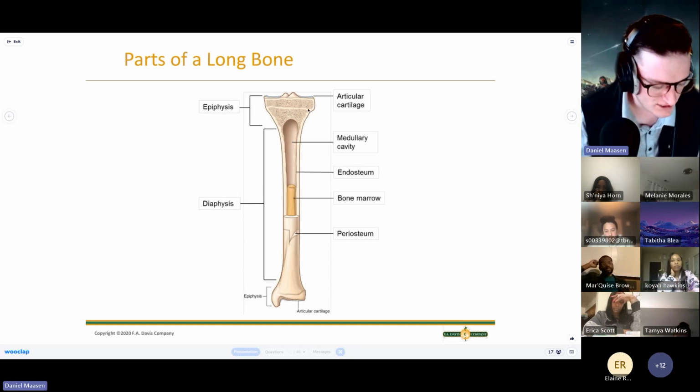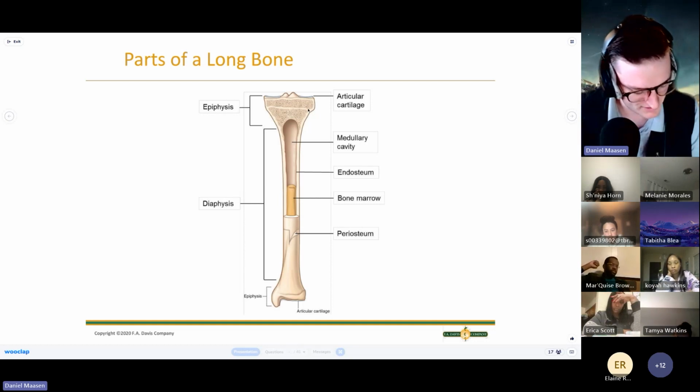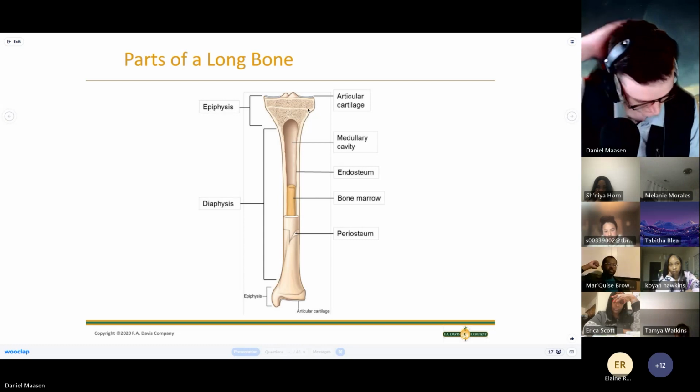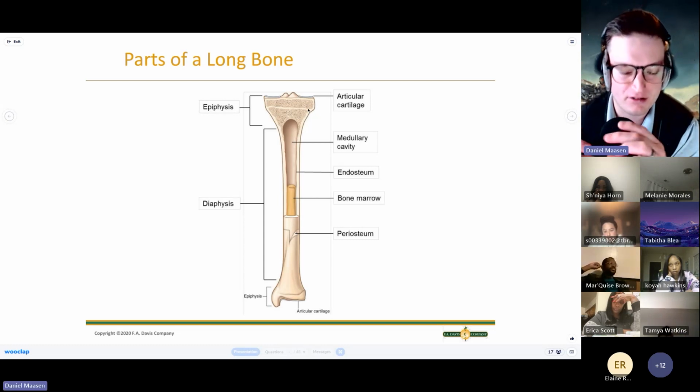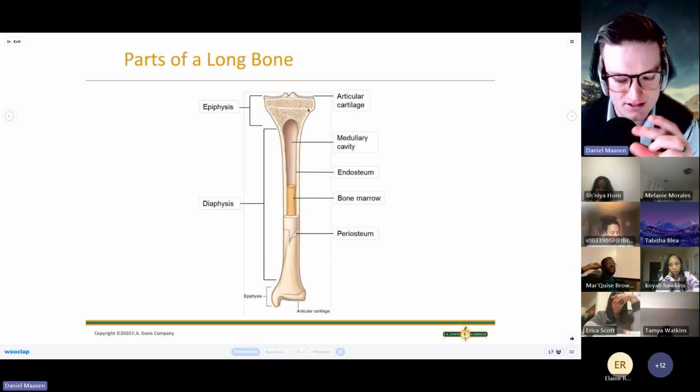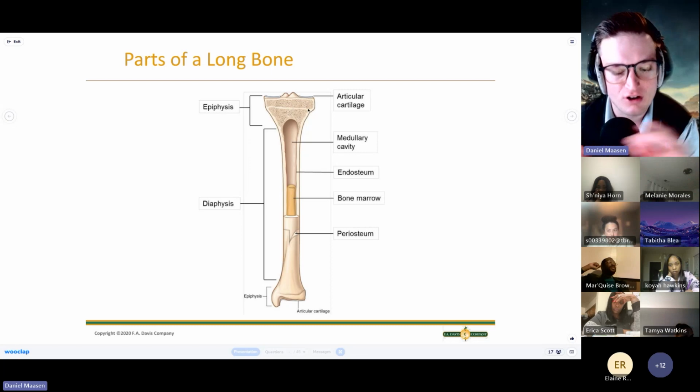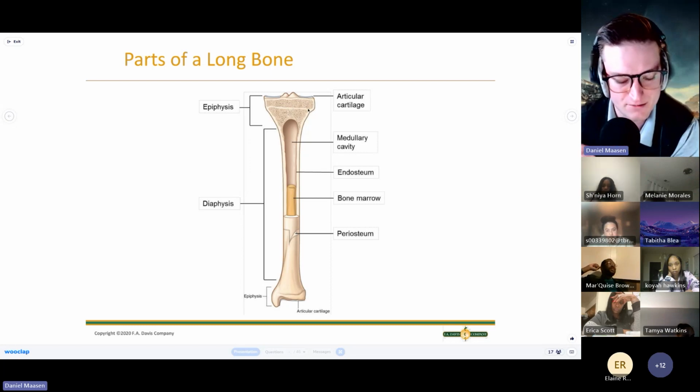But at some point that plate is replaced with compact bone instead of cartilage. We're going to talk about compact bone. Instead of being cartilage and allowing flexibility for the cells around it to stack on top of each other, it becomes just regular bone. Once it's done that, the growth plate is closed, so to speak.